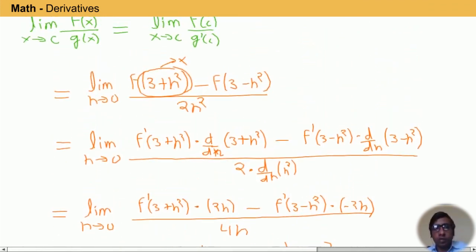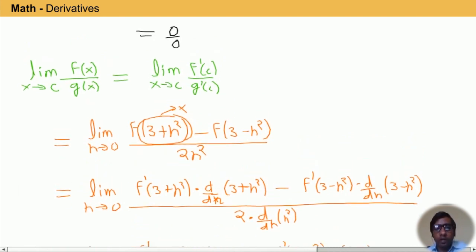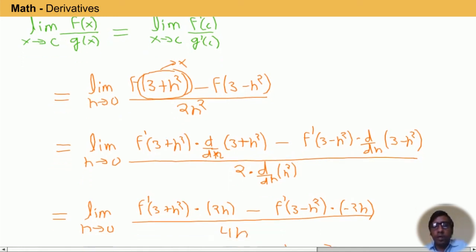In this question, first we applied L'Hospital's rule, and in the numerator part we just applied the chain rule, meaning the derivative of the outer function, then the inner function, and the same derivative we did in the denominator, and then simplified.